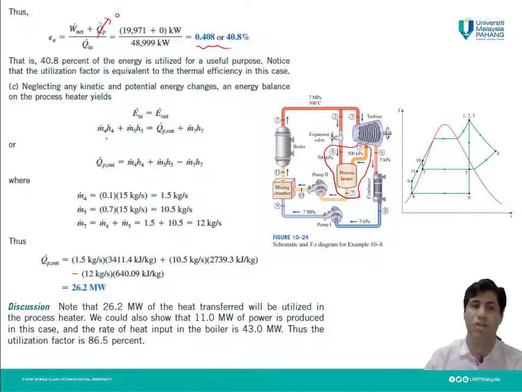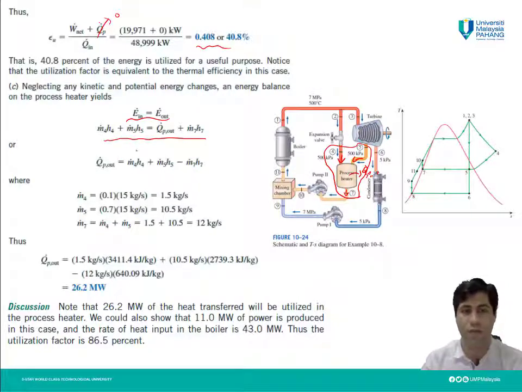So the energy which comes to the process heater is m dot 4 h4, this line, and m dot 5 h5, this one, and the energy which goes out of the process heater is m dot 7 h7, and also because this is a process heater we have Q dot P out. So this is the energy balance equation for the process heater.